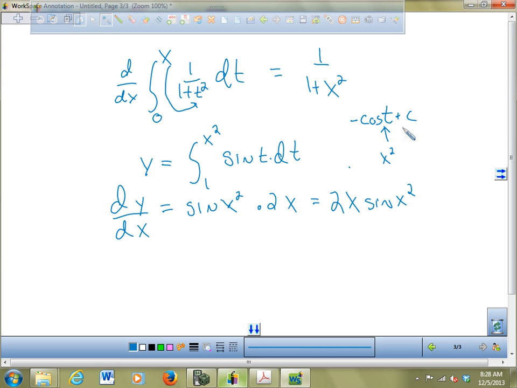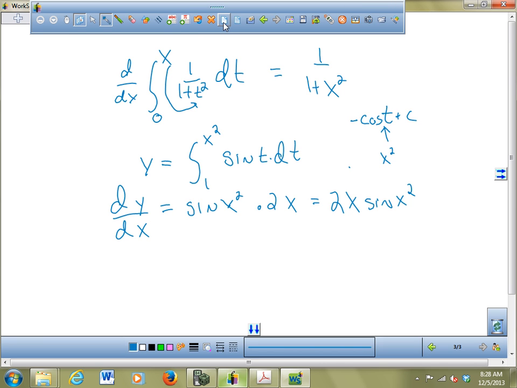So instead of going backwards and then taking the derivative and going forwards, I just have to know that when I plug that in, whatever this is, I have to multiply by its derivative up there. I don't have to do that if it's just plain old x, because the derivative of plain old x is 1, so you don't have to worry about it.